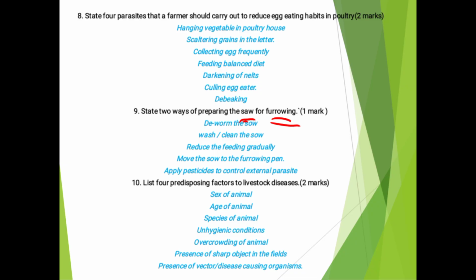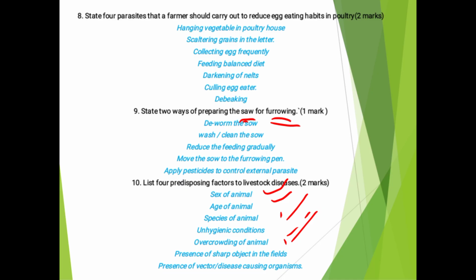Question 10. List 4 predisposing factors to livestock diseases. Now, predisposing factors are those factors that will expose or make an animal or livestock contract a certain disease. So sex of the animal is a predisposing factor, the age, the species, the hygienic condition, and the population: is it overcrowded or not?